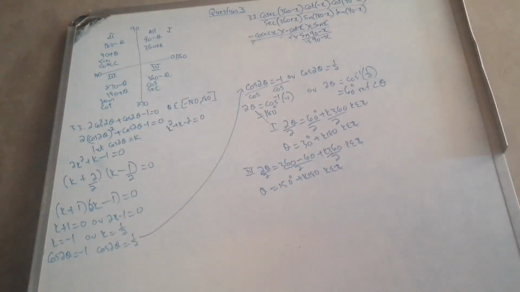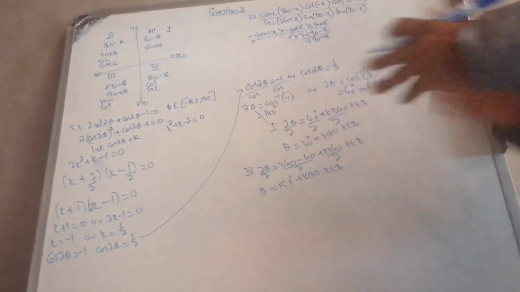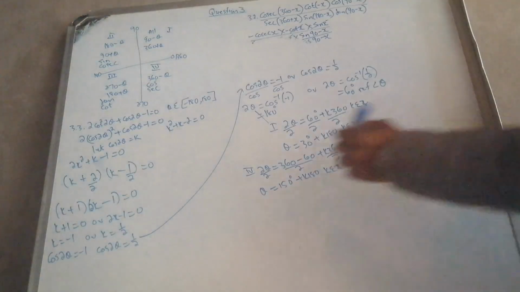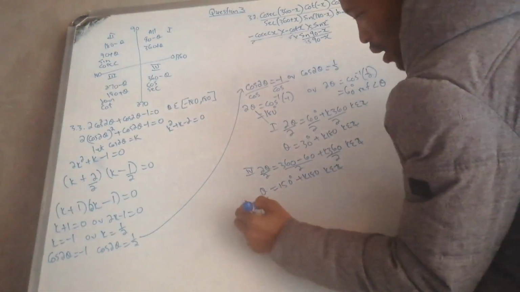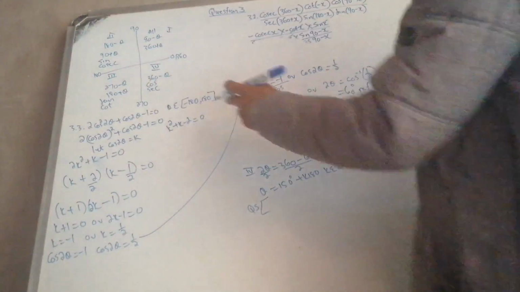Now, remember they said theta should be between minus 180 and 180. So taking both into account the values of positive and negative, something worthy of noting. So what we would do there as a solution for this is very, very important. Right, the solution, because we have two values, 150 and 30, what we will say is that the solution for this, the solutions in the quadrants, remember we are taking both positive and negative.